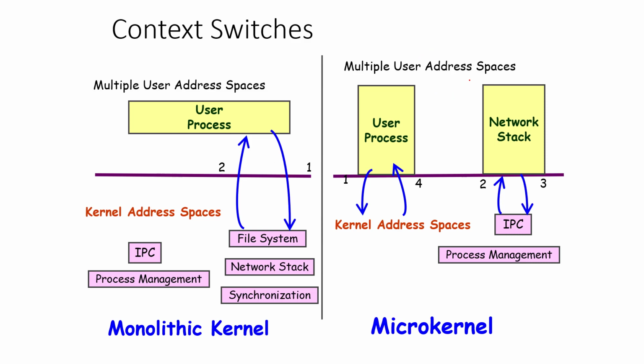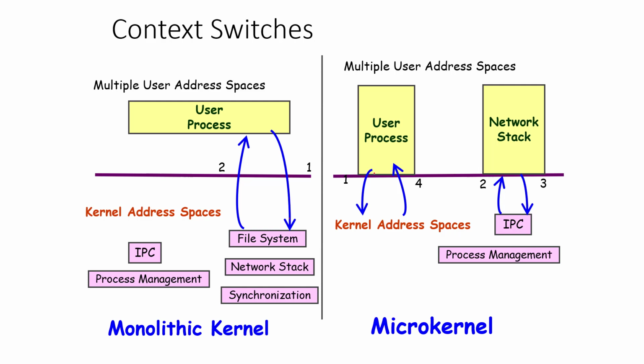Coming to context switches, if I were to compare a monolithic kernel and a microkernel: in a monolithic kernel, we clearly have multiple address spaces. If there is a context switch, we go to the kernel, we store the context, and we come back to maybe the same user process or a different user process.